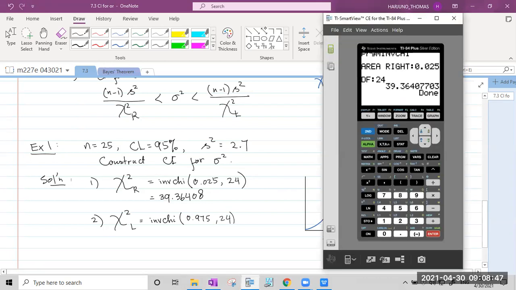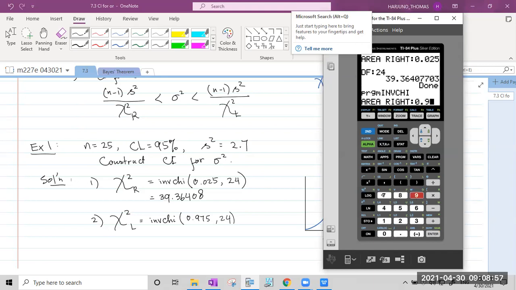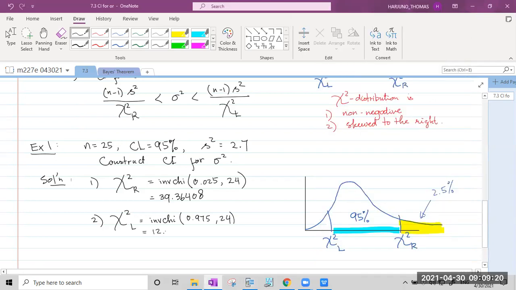Now let's put it into the calculator. I call that program again. The area to the right is 0.975. Degree of freedom, 24. Now when I press enter, it takes only 1 or 2 seconds on my computer. If you use a handheld calculator, it will take maybe 10 seconds longer. Okay, this will be 12.40115.